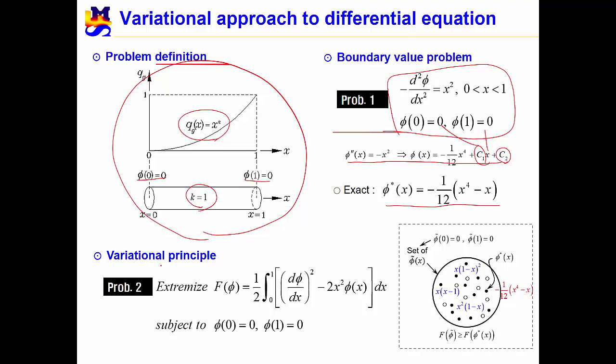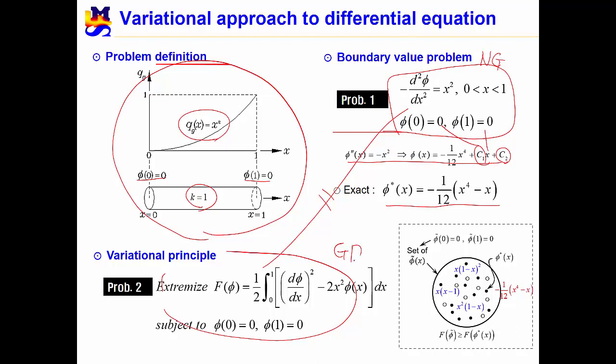You know that this variation principle is equivalent to this boundary value problem. From this boundary value problem, we cannot generate any idea for approximate solution at all.